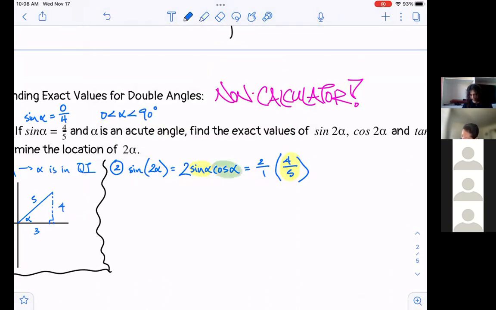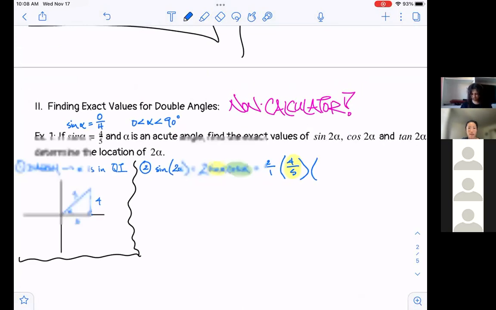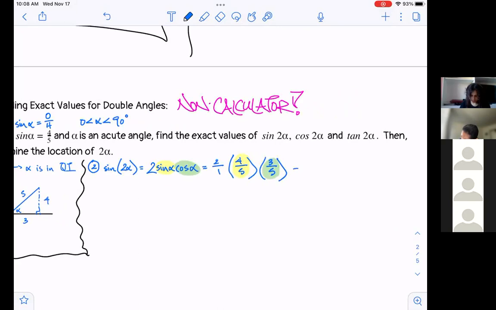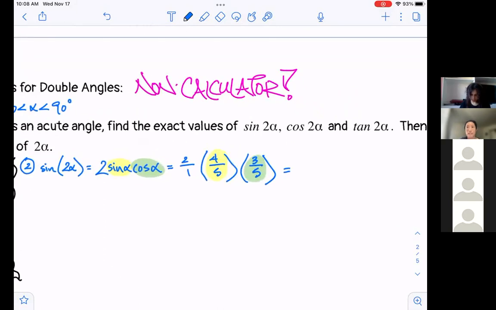What can I put in for cosine alpha using this diagram? Nice, 3 over 5, because we have the adjacent over the hypotenuse. Right. All right, we plugged in all our numbers. How do we multiply 3 fractions? You do 2 times 4 times 3, and then that's the numerator.